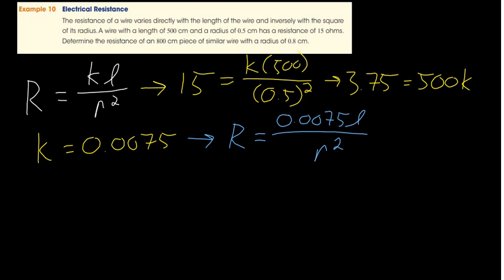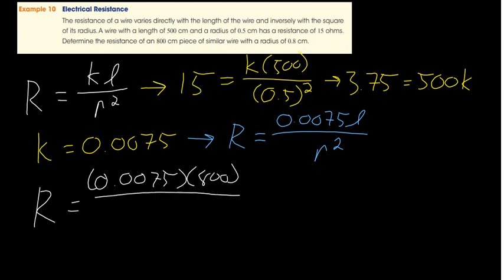So determine the resistance of an 800 centimeter piece, so 0.0075 times 800, because that's 800 centimeters in length, and it has a radius of 0.8 centimeters, so 0.8 quantity squared. So solving for this, holy smokes.